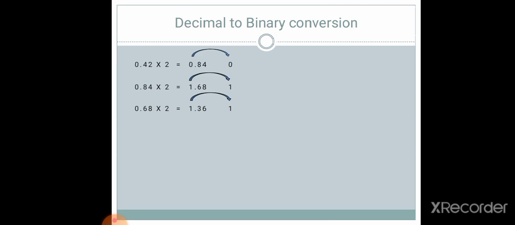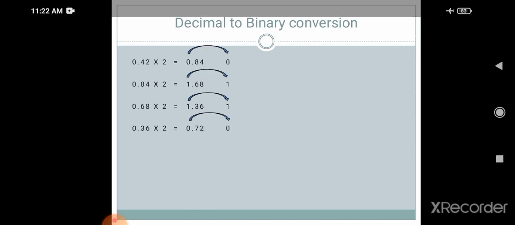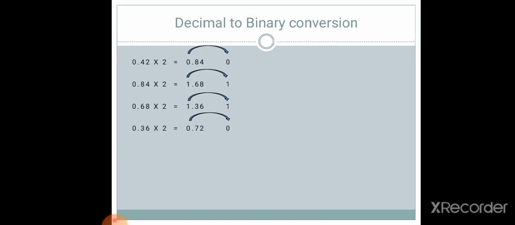So 0.68 into 2, the answer is 1.36. So you have to copy that 1 in front of 1.36. If we pick up 1 from 1.36, the 0.36 will remain. So you have to write the 0.36 below, and again you have to multiply this number with 2. Right? So 0.36 into 2 is 0.72.